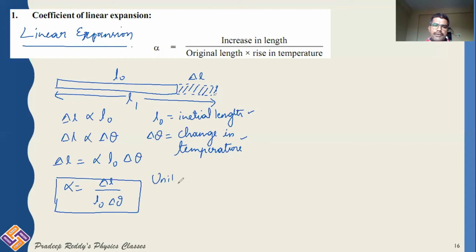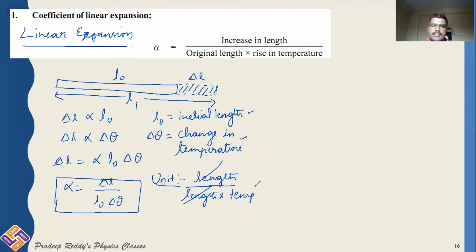The unit of alpha is, in the numerator we have delta L, which is length, divided by, in the denominator, L0, the initial length, and delta theta, which is temperature. Length gets cancelled.